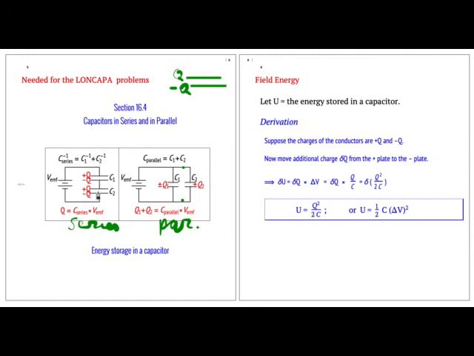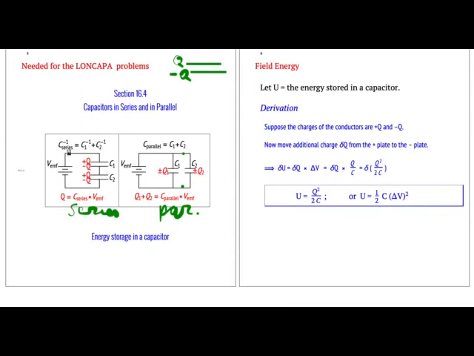Whereas in the series case, the combined capacitors are equivalent to one capacitor with capacitance given by 1 over C1 plus 1 over C2.